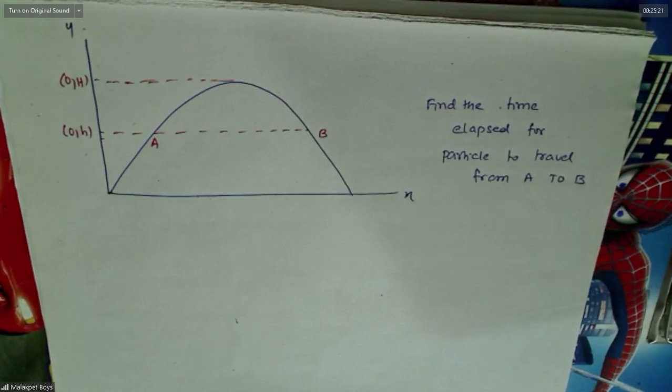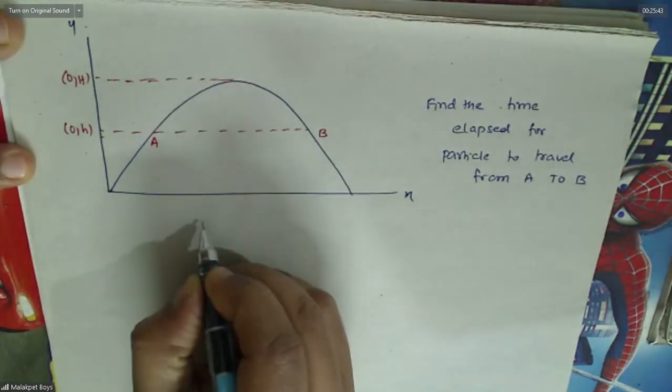Understood this? Yes, sir. Understood, sir. See, the theory I gave, remember, apply that directly. For A and B, what is Y?